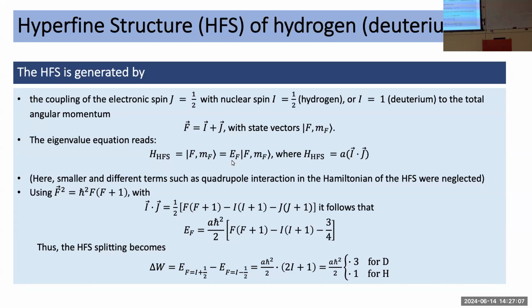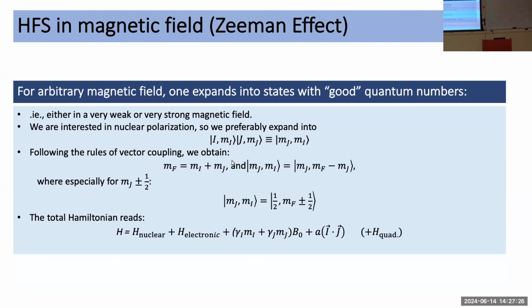You can write down the eigenvalue equation. And if you do all that, you see at the end that the hyperfine splitting can be expressed as this quantity. And there's this interval factor, which is 3 for deuterium and 1 for hydrogen. And usually you would be interested in nuclear polarization.